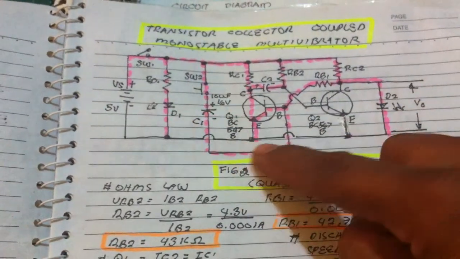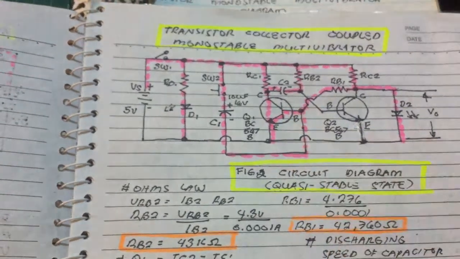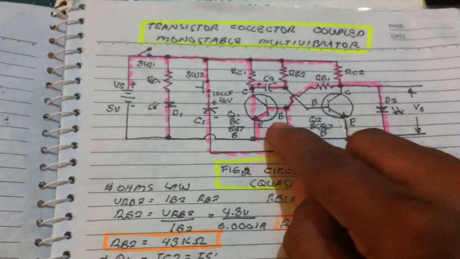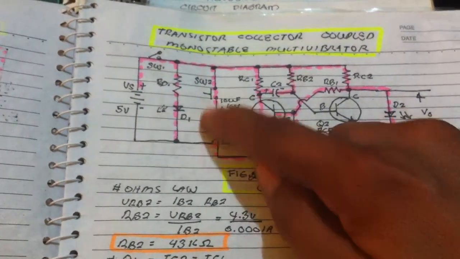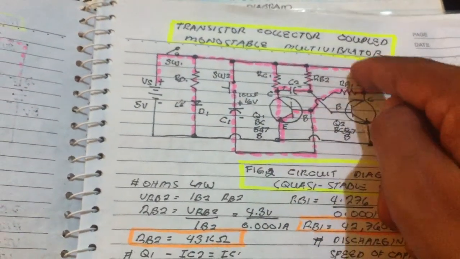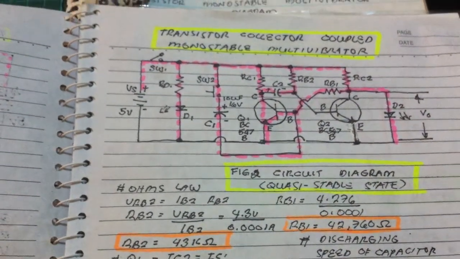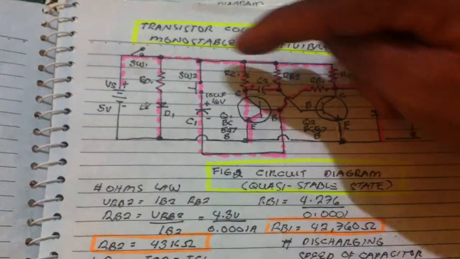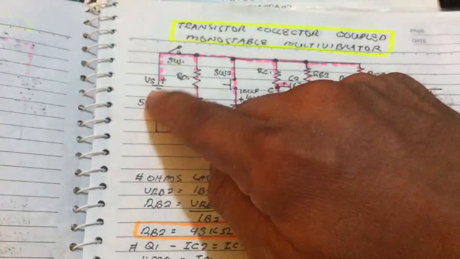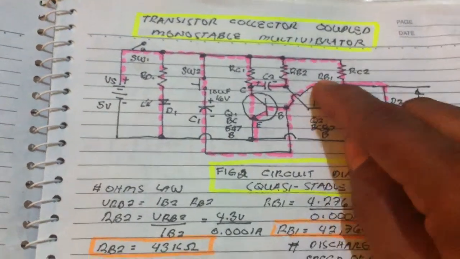Upon providing a triggering pulse to the single shot, or one shot, multivibrator, this line and this one are activated. We can compute the value of this using KVL: voltage supply minus the voltage drop here, and here VBE to the ground.